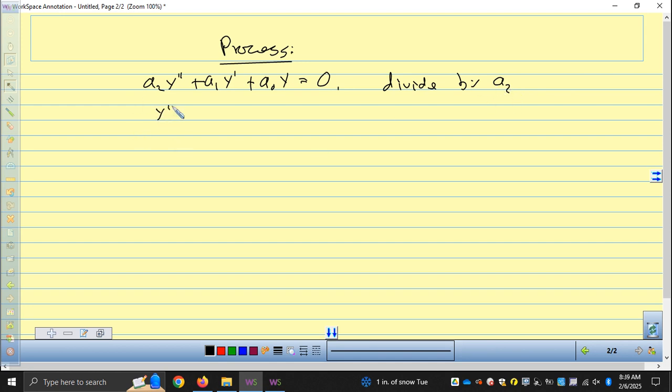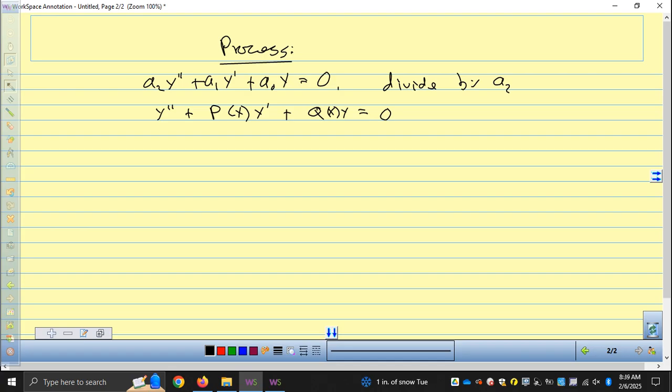We get y'' plus p(x) y', where p(x) is a1 divided by a2, plus q(x) y, where q(x) is a0 divided by a2, equals 0. Now we have our second order differential equation written in standard form.